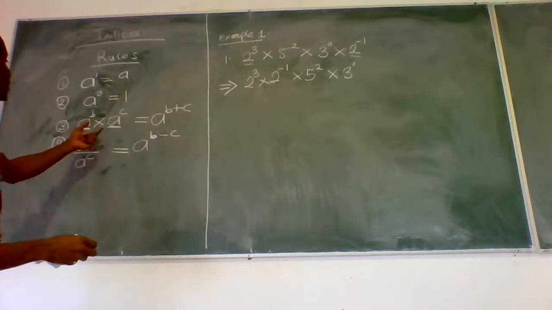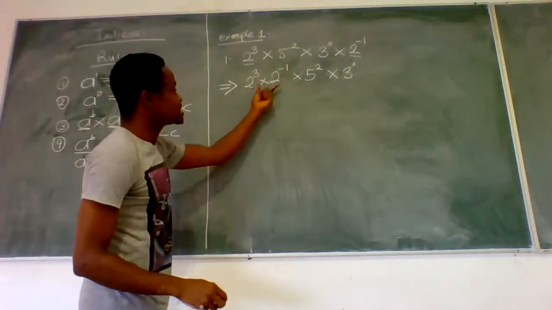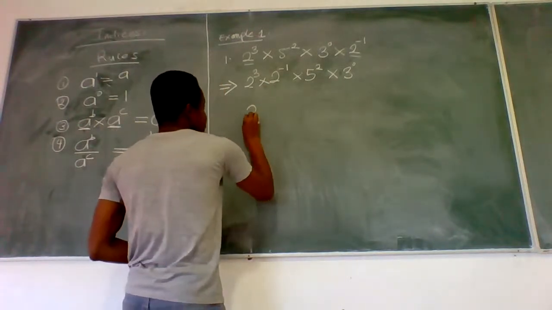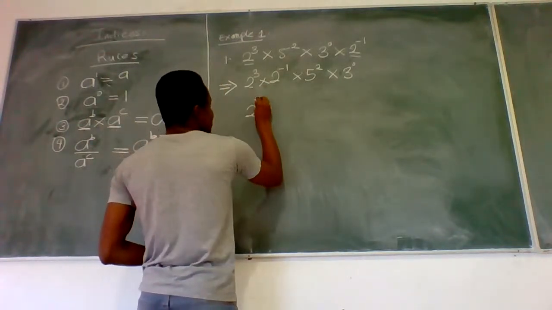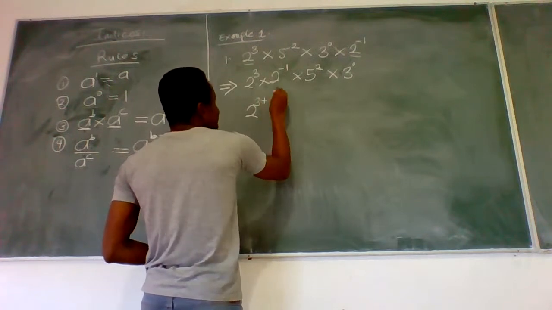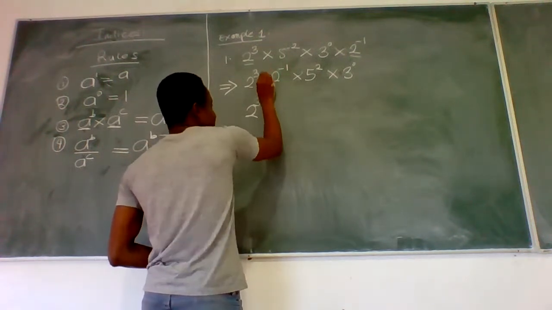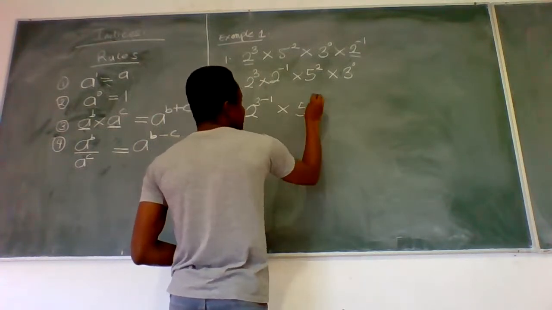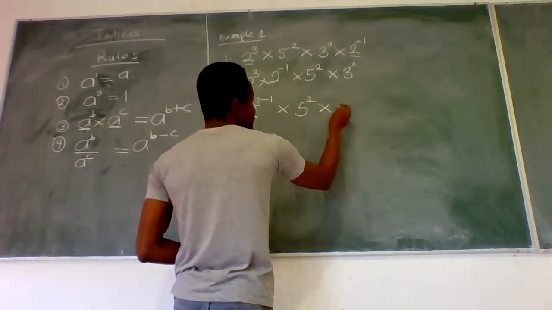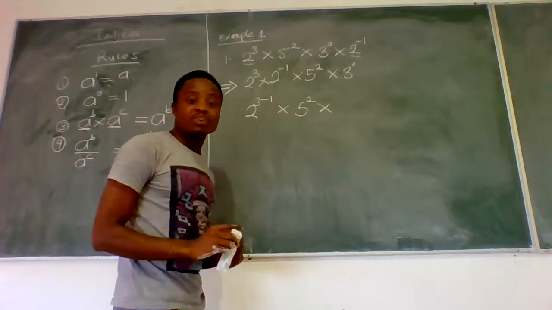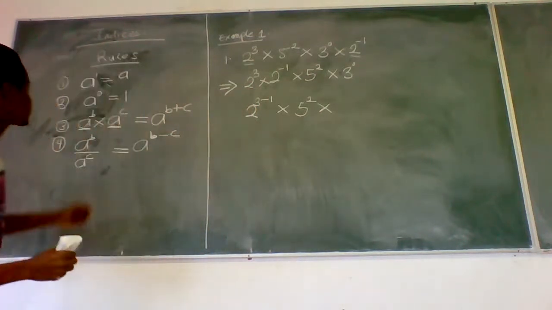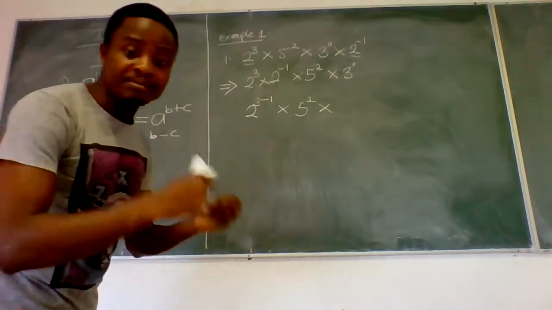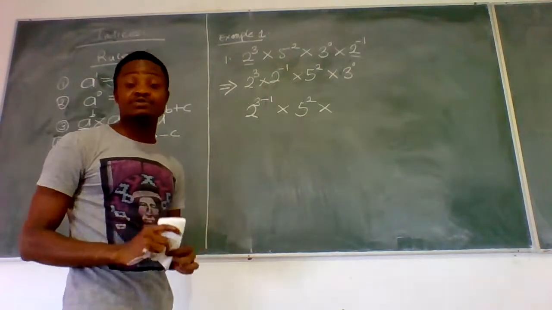Which rule is applicable over here? First, let's deal with this. Since the bases are the same, the rule says we should add the exponents. So 2 exponent 3 plus minus 1, which is the same as 3 minus 1, times 5 exponent 2 times 3 exponent 0. So 3 exponent 0 comes back to rule 2. Rule 2 says any number apart from 0, exponent 0 is what? 1.